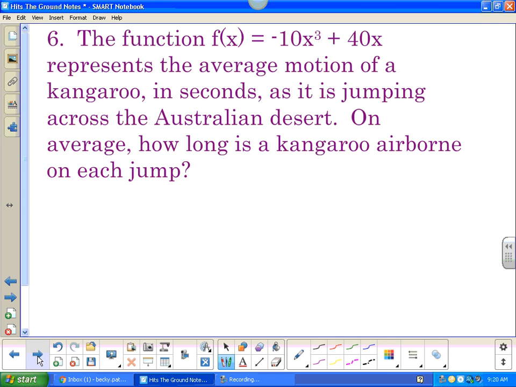Okay, this represents the average motion of a kangaroo in seconds as it's jumping across the Australian desert. On average, how long is a kangaroo airborne on each jump? So I want to know how much time passes between each jump. So let's see, I can take a negative, a 10, and an x.